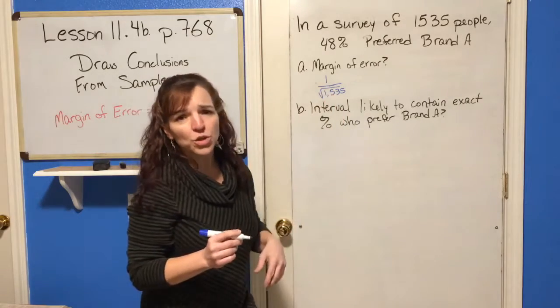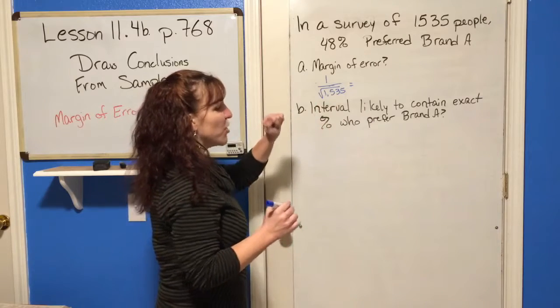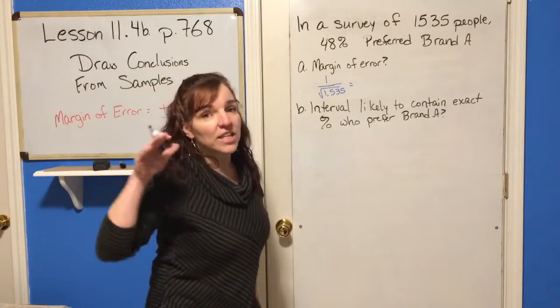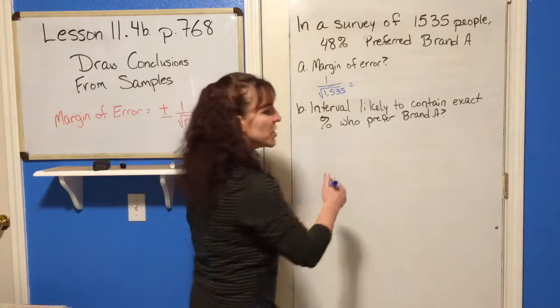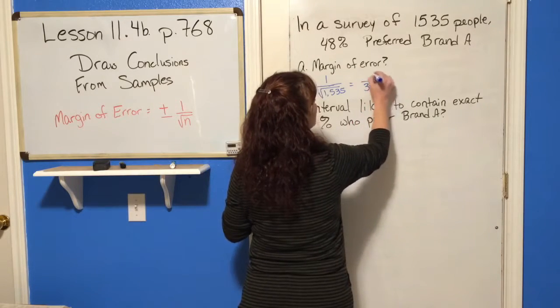So you're definitely going to want to use your calculator for these. The square root of 1,535 is 39.18.